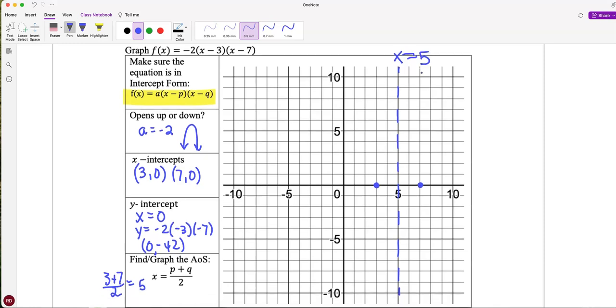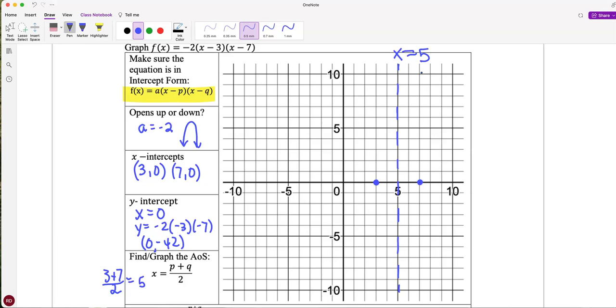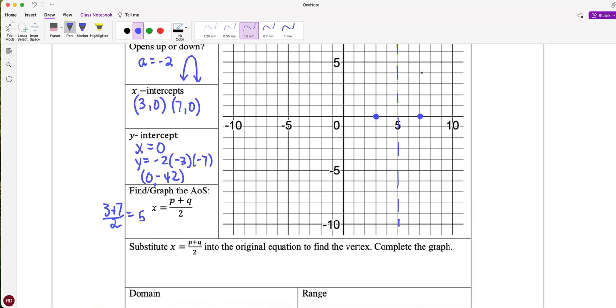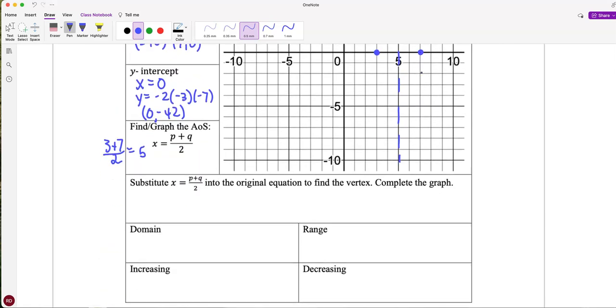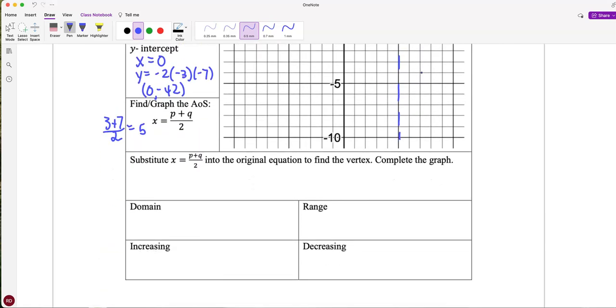Now the vertex lives somewhere on that line where x is 5. So all I have to do is just plug a 5 back into this original function. So y is equal to -2, x minus 3, x minus 7. Plug in a 5. You get -2, 5 minus 3, 5 minus 7.